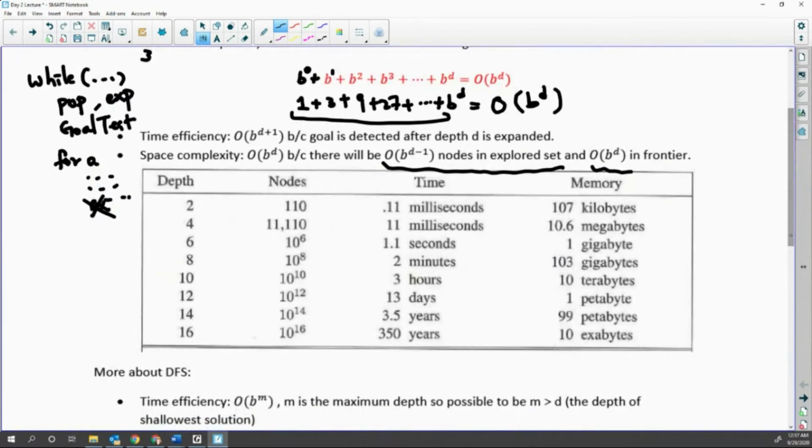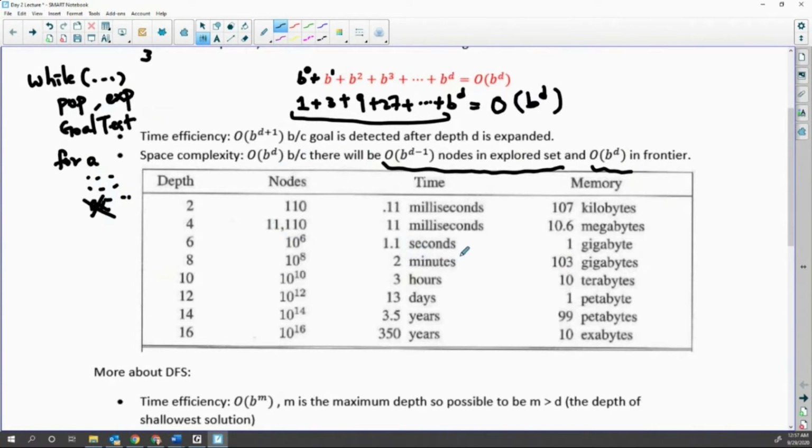If our memory can work like a million things in milliseconds, this one is saying a million nodes you can do in 1 second.